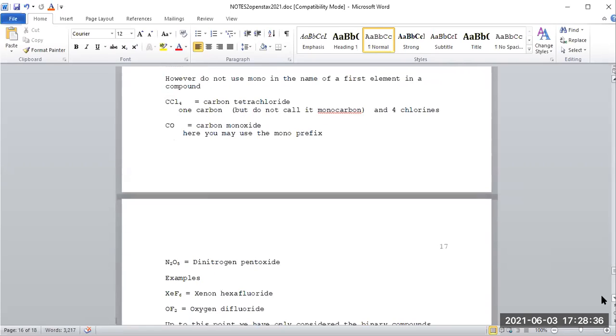CO. This is not a cobalt atom. This is a carbon connected to an oxygen. Carbon monoxide. They deleted one of the O's to make it easier to pronounce. If you have a carbon monoxide detector in your house, carbon monoxide is one of the things that is part of your car exhaust. This is why you don't run your car in a closed garage, because then you have to worry about carbon monoxide poisoning.